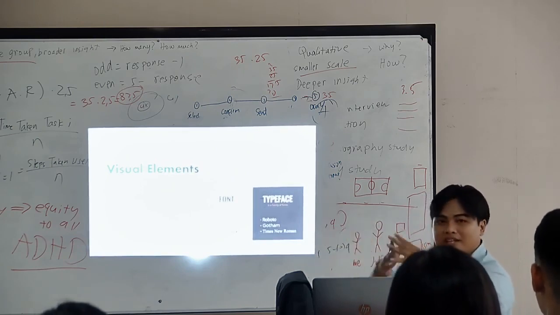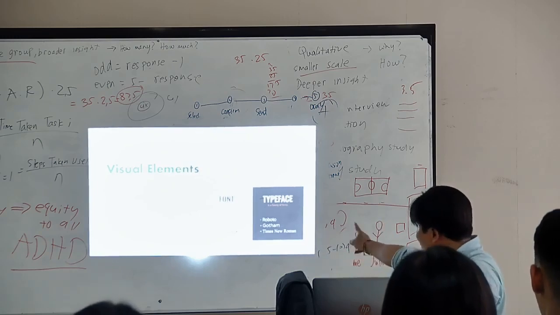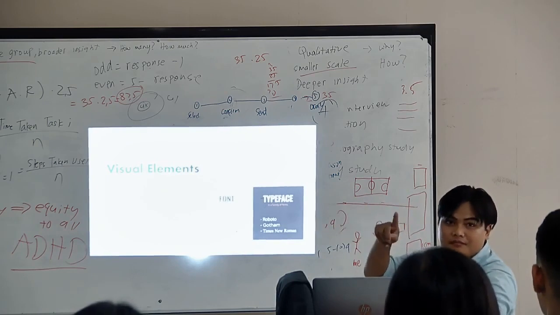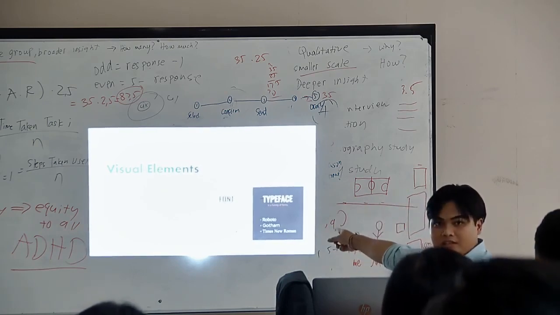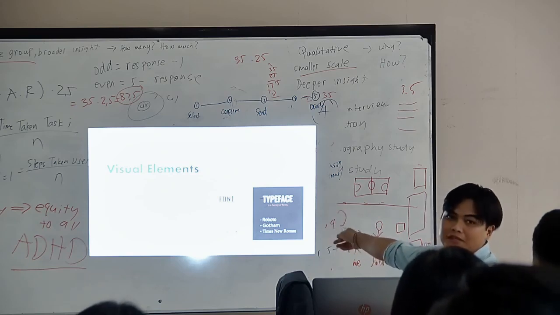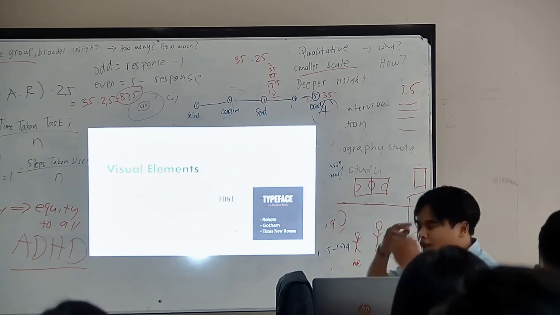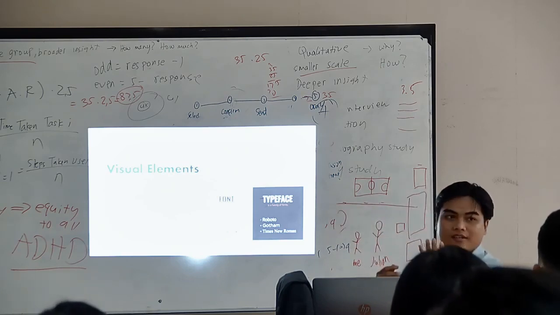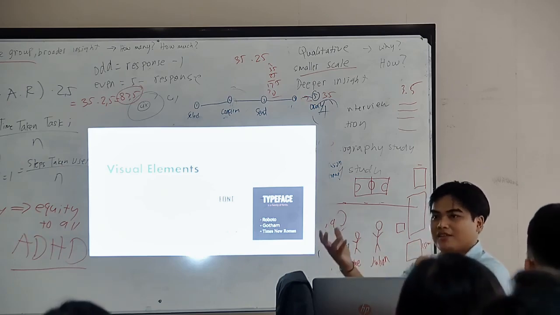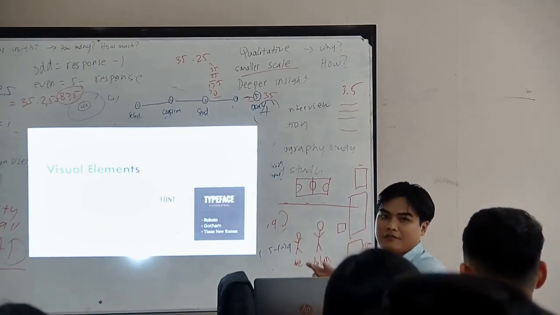Typeface is a combination of fonts in one family. Let's say Roboto, Noto, Times New Roman, they are in one family. If you add another font here, like Poppins, it's not a typeface. It has to be in one family. So you have to know what is font, what is typeface. Font is just one. Typeface is the combination of all. But the font is in the same family.